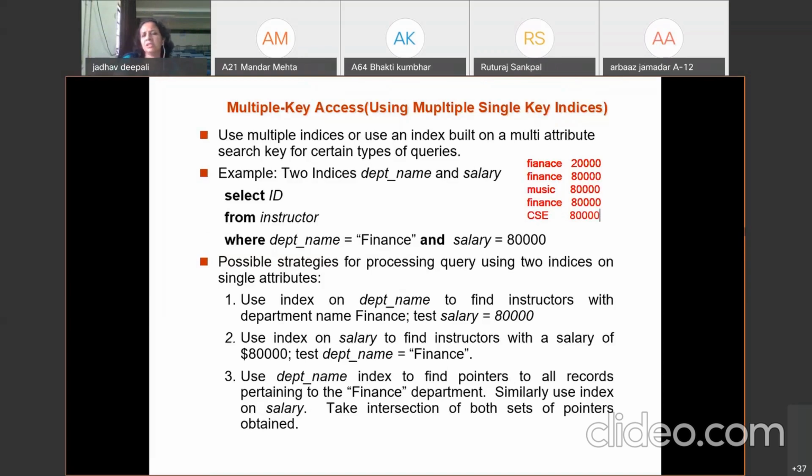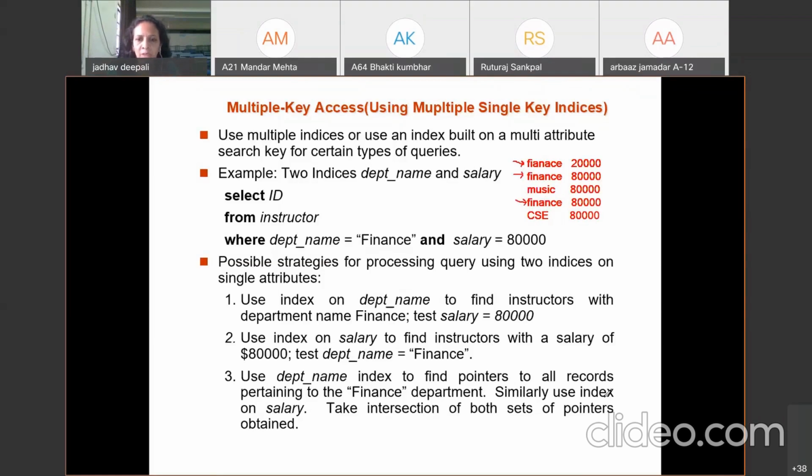Suppose these are some of the records. Now check which are the finance department tuples. So here we get three pointers: first, second, and third.